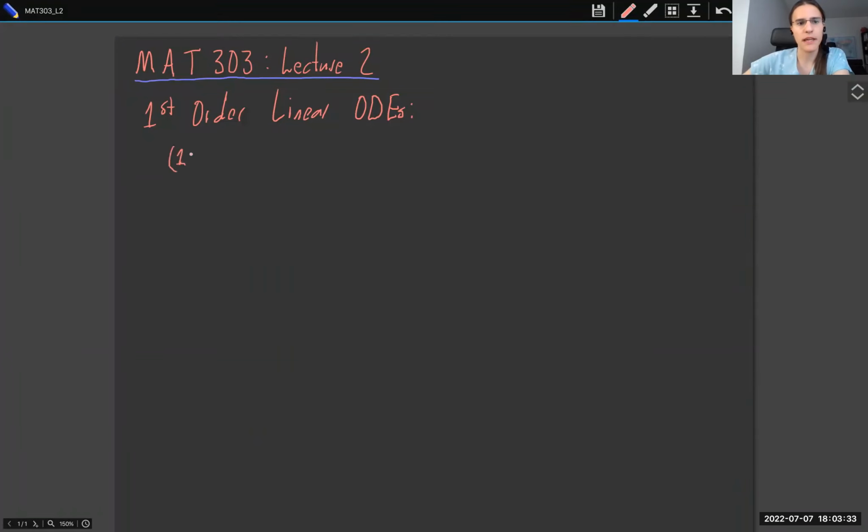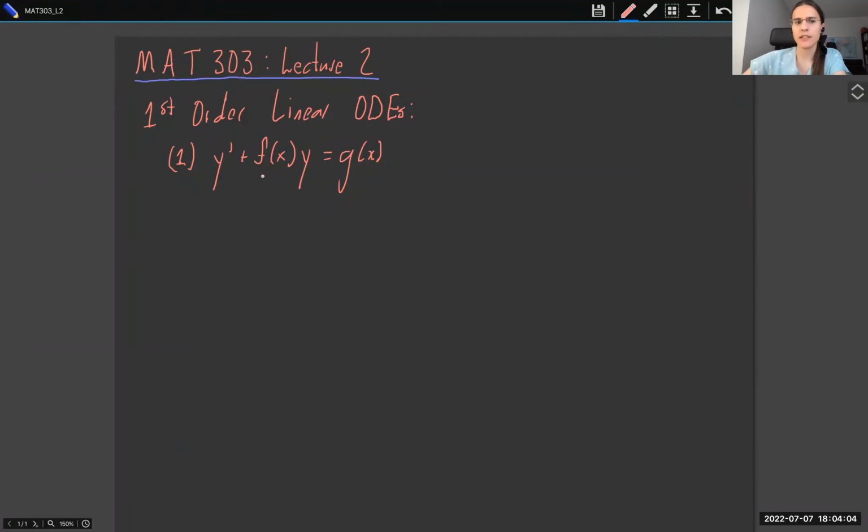The first problem is what we call the general form of a first order ODE, which is of the form y prime plus f, some function of x, times y equals g of x. The reason this is a linear differential equation is that we don't have things like y squared or y prime appearing inside of it.